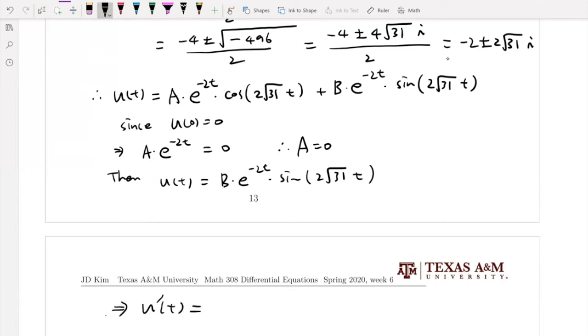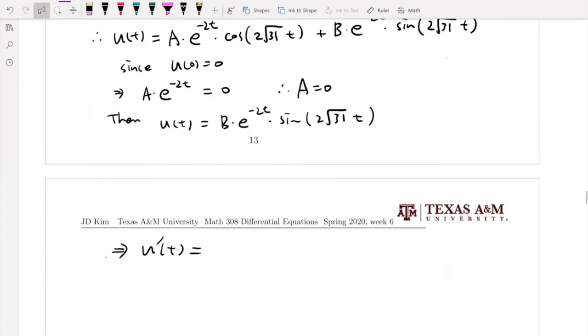Then we need u prime to use the second initial condition. It is definitely the product rule, with e to the minus 2t and the sine function.